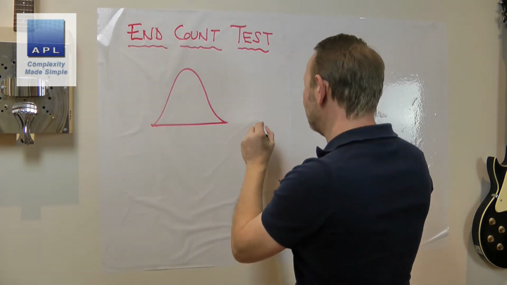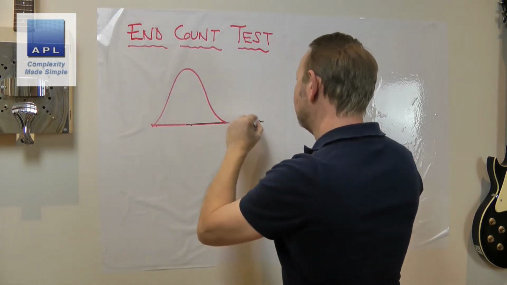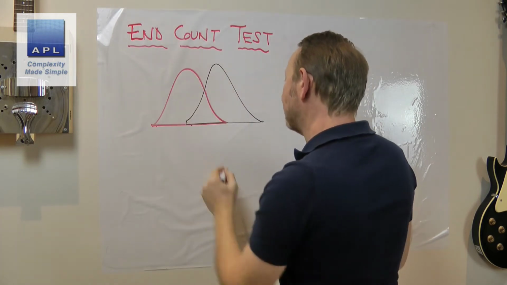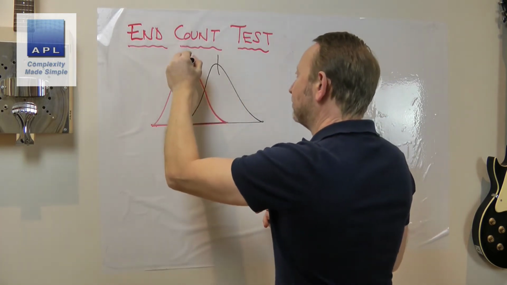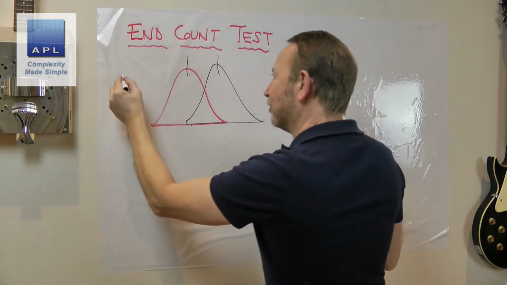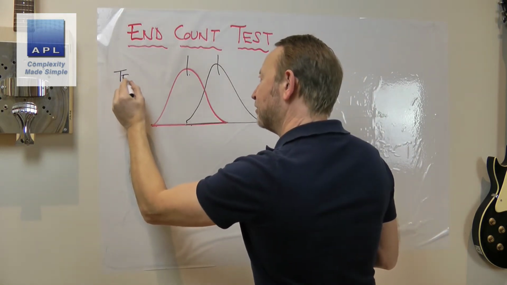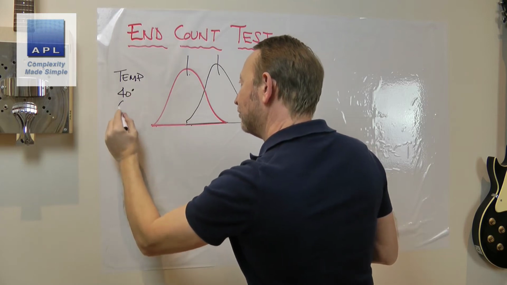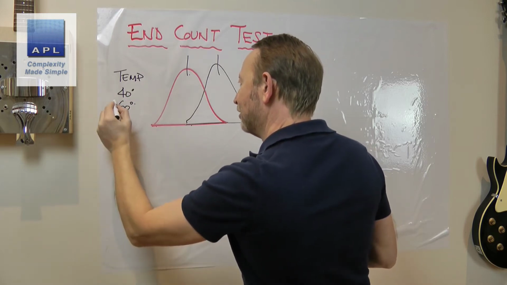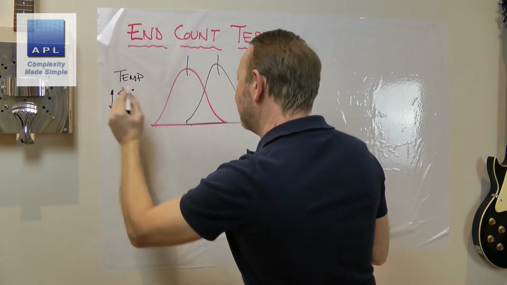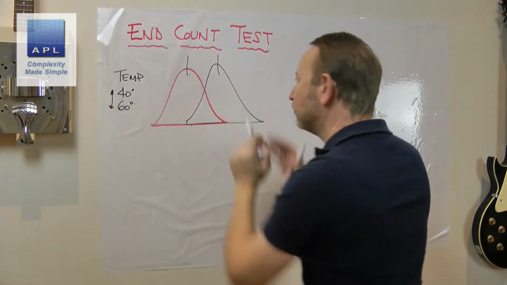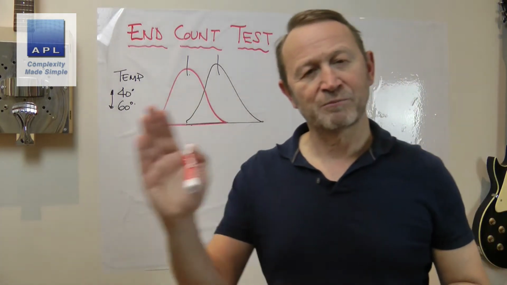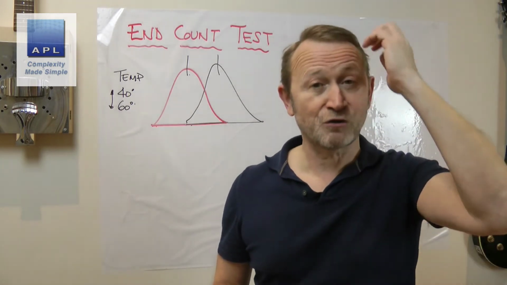You're doing a trial on a process. Maybe you're changing the temperature. So you're going to do the temperature at 40 degrees. You're going to do the temperature at 60 degrees because you think it might move the average performance of something that you're interested in.